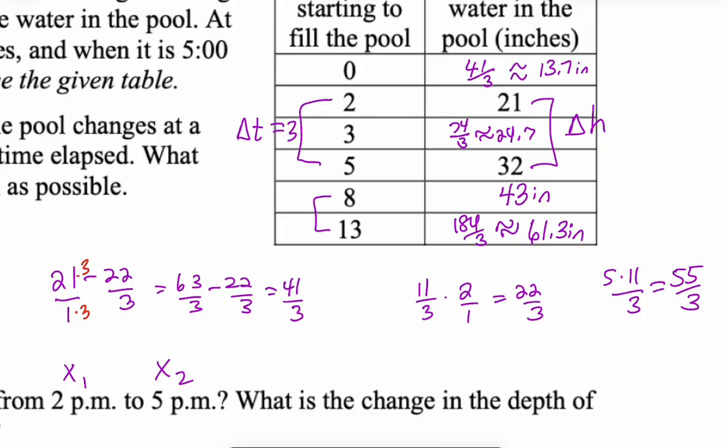So a little strange because that 11 thirds is pretty yucky. You can set up a proportion each time. If 3 hours is 11 inches, then 5 hours is how many inches, and that could also tell you how much to go up. Yes.